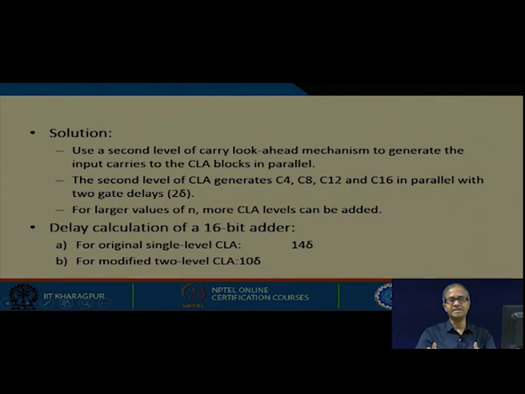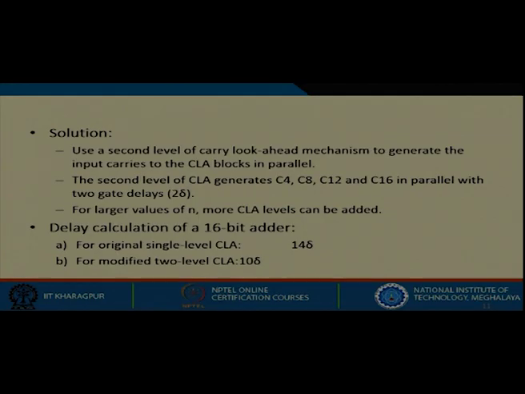Let us say I need a 64-bit adder. I build 4-bit modules, combine 4 such 4-bit modules to build a 16-bit adder, and combine 4 such 16-bit adders with another 4-bit carry look ahead module to build a 64-bit adder. That is how so-called fast adders are built in many recent computer systems.